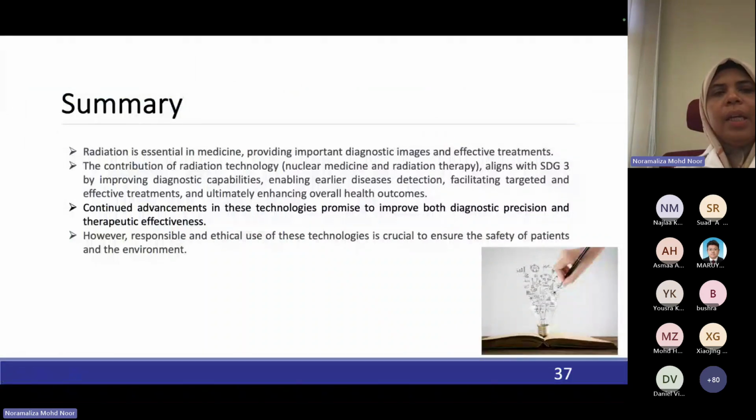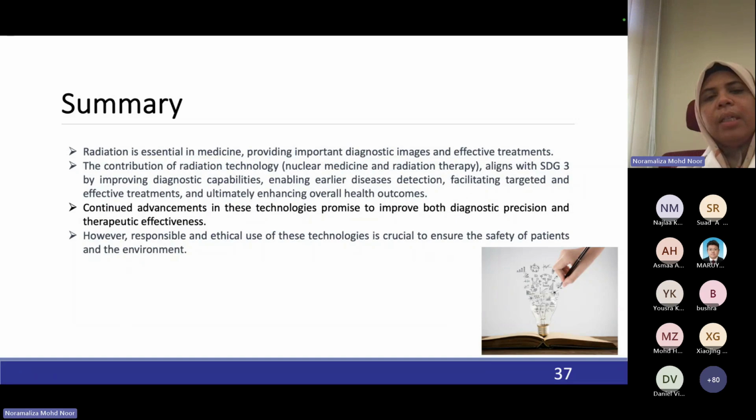So as a summary, we know that radiation is essential in medicine, providing important diagnostic images and effective treatments. The contributions of radiation technology, such as nuclear medicine and radiotherapy, align with SDG 3 by improving diagnostic capability, enabling early disease detection, facilitating targeted and effective treatment, and ultimately enhancing overall health outcomes.